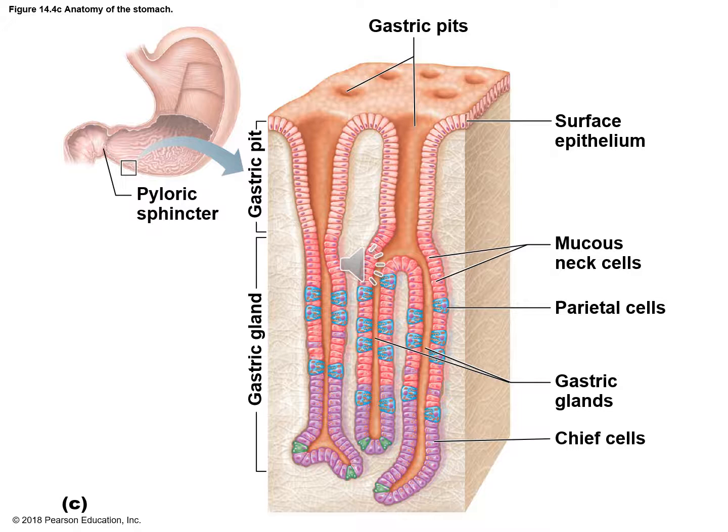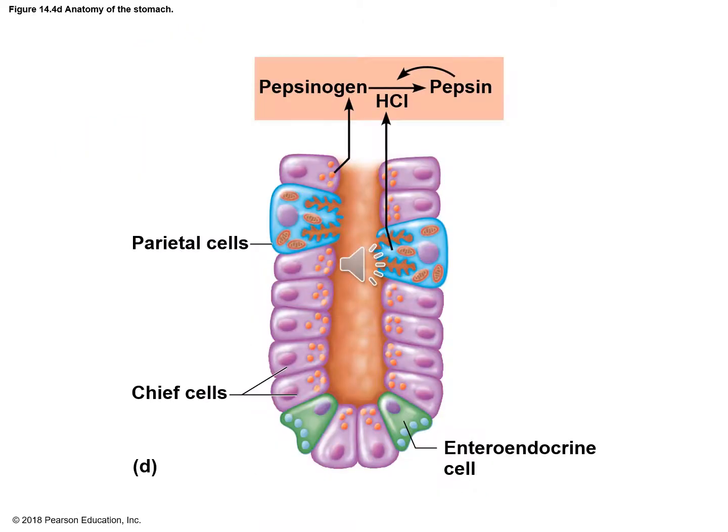And we've learned that these cells each excrete different products. Here pepsinogen has been produced, but it is not an active agent yet. It needs to be combined with hydrochloric acid in order to become pepsin. And pepsin is what we need in the stomach to aid digestion.